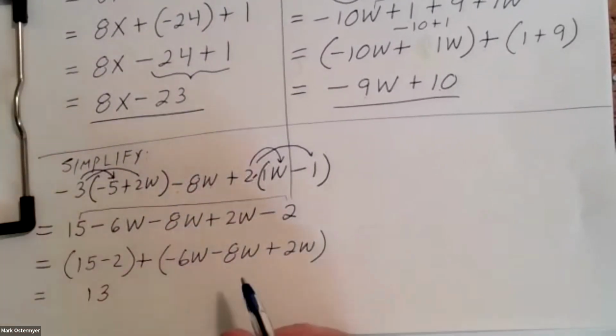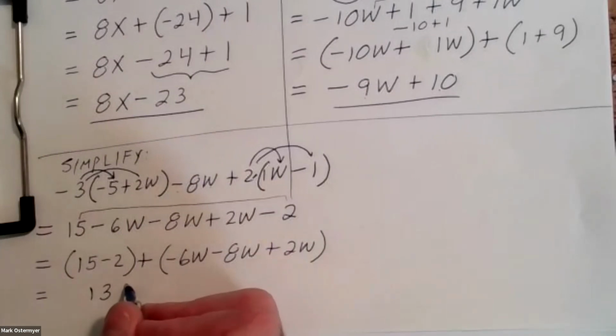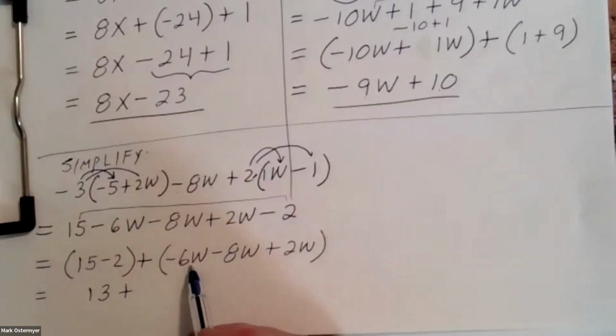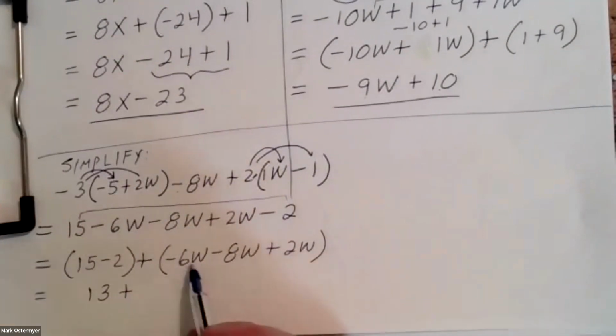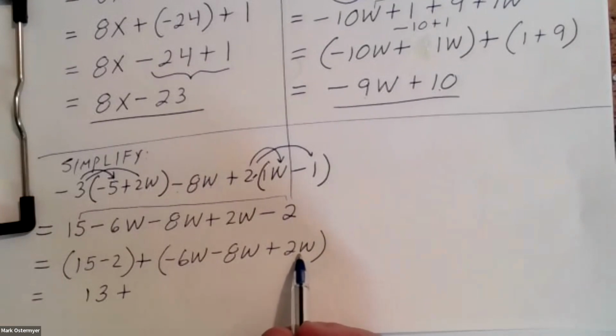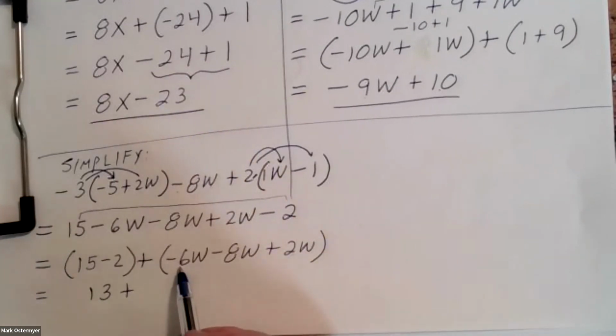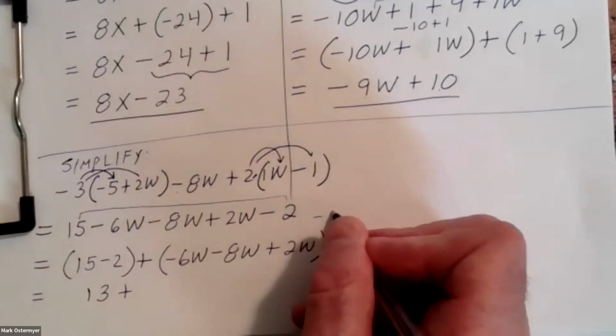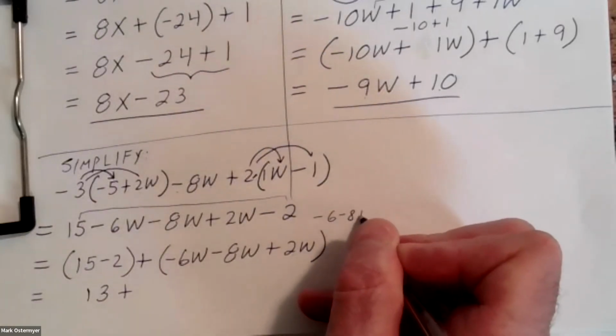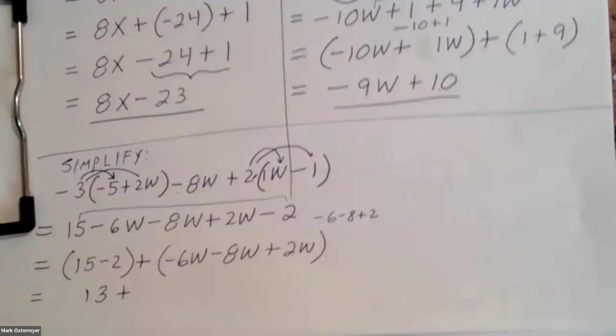That'll be 13. Okay, plus. Now -6w minus 8w plus 2w all need to be combined because they're like terms. To combine all these like terms, feel free on your calculator to type in -6 minus 8 plus 2. Let's go to our calculator and do that.